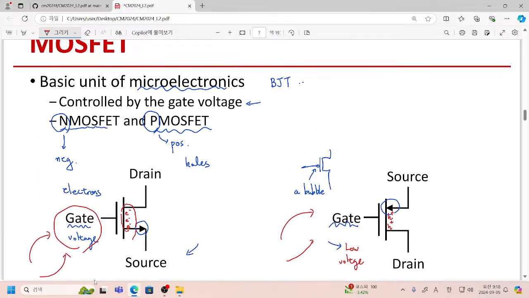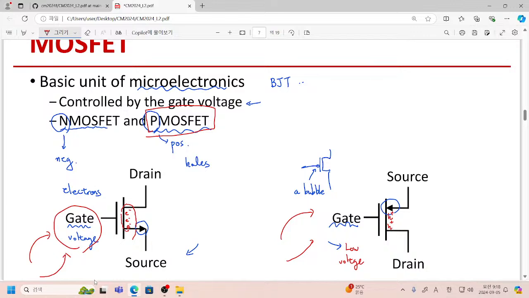Therefore, in some sense, the existence of this P MOSFET is quite important for our silicon technology. Sometimes we can find many alternative technologies whose electron-dominant devices outperform the silicon one. However, in many cases, if you have a good electron device, then you don't have a good enough hole device.